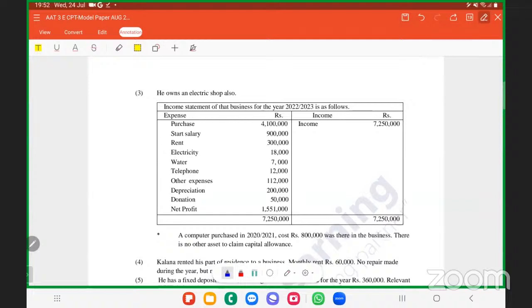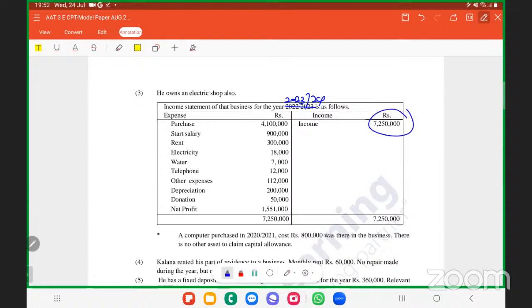Further, he owns an electric shop also. When calculating this electric shop for 2023/24, please make that amendment. So 2023/24 is as follows. Income is 7.25 million.